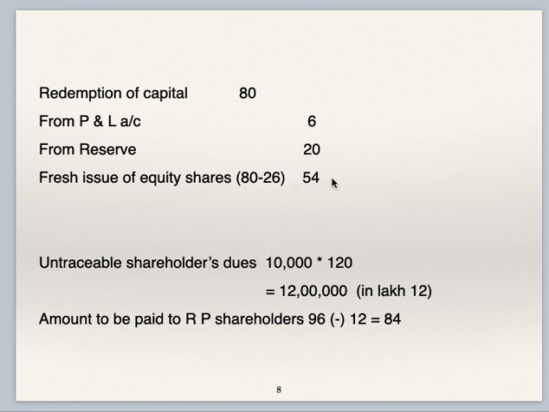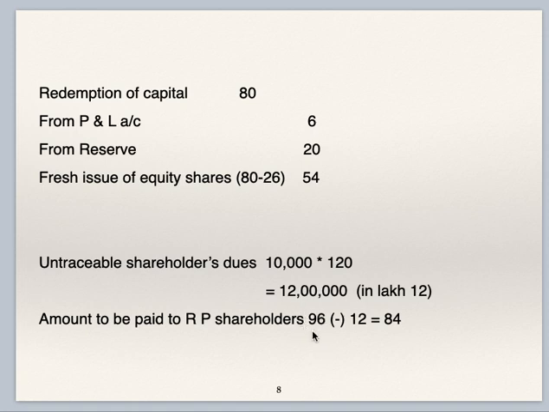Rupees are in lakhs. Some shareholder is untraceable who is having 10,000 shares. So 10,000 into 120, because redemption is at premium, 12 lakh rupees company cannot pay, which will remain outstanding. Amount to be paid to redeemable preference shareholders is 96.